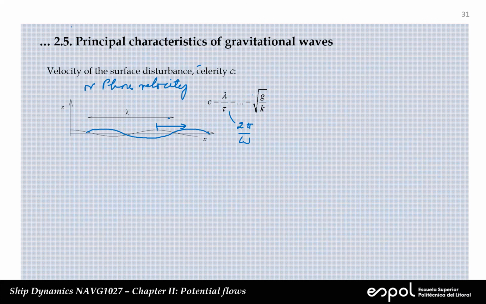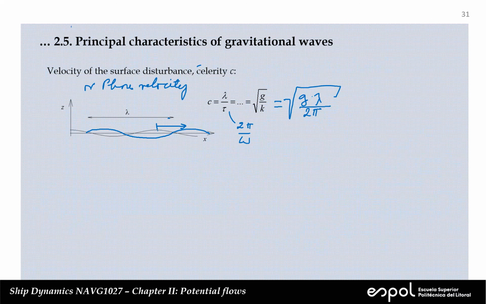So the celerity is equal to the square root of g over k. Now, here we recall that k is equal to 2 pi over lambda.